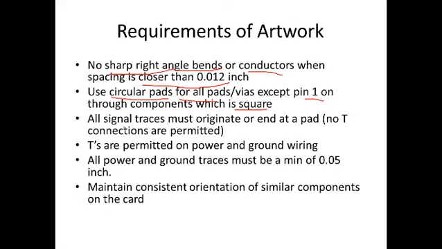Then the third one is all signal traces must originate or end at a pad. Okay, means if this is one pad and this is another pad, then you cannot have it like this. It is not allowed. Instead of that, you have to give the trace like this.